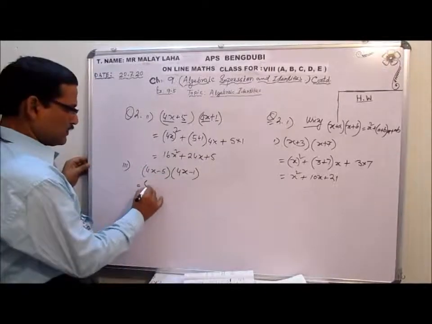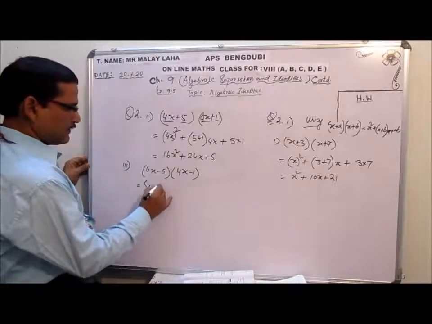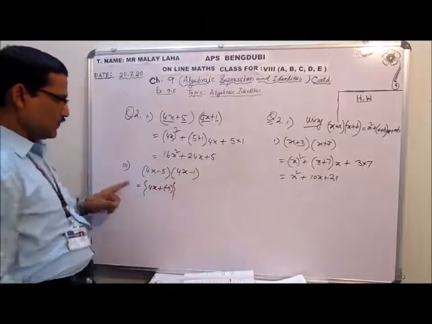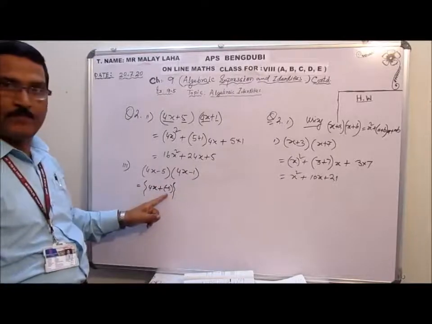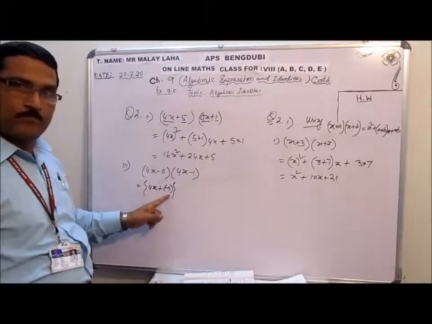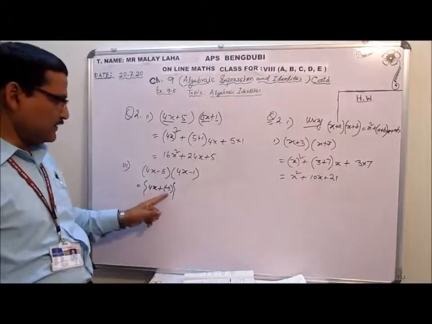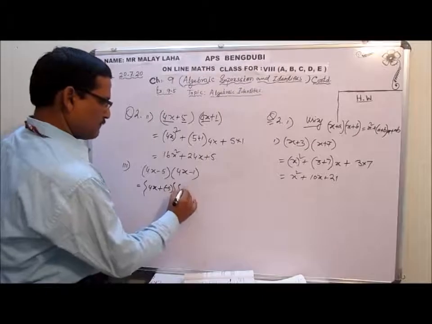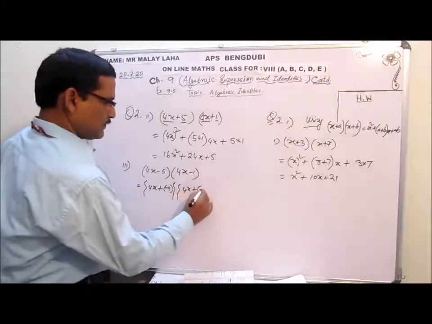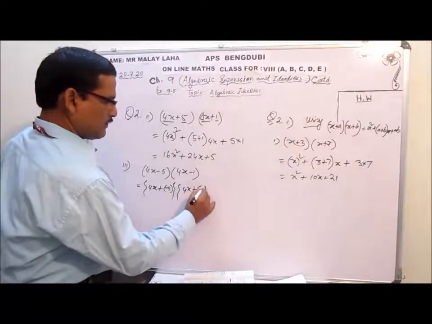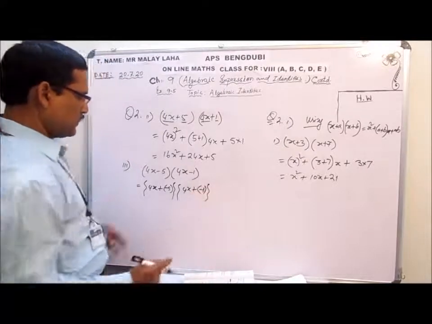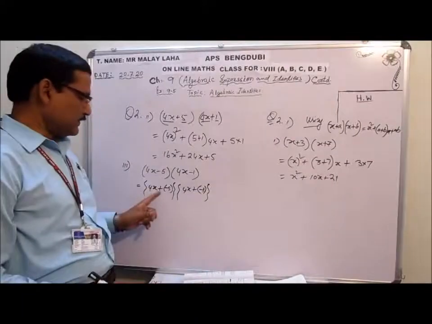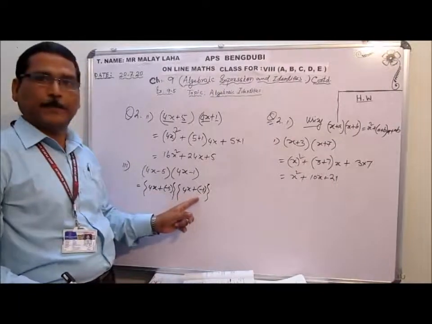How? (4x - 5) can be written this way: (4x + (-5)) into (4x + (-1)). This is x, this is a, and this is b.